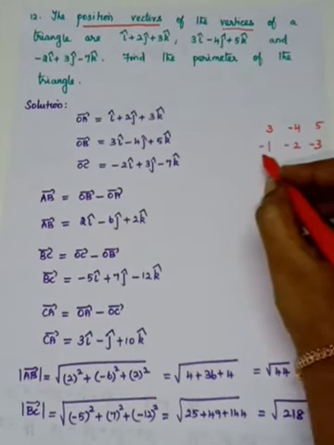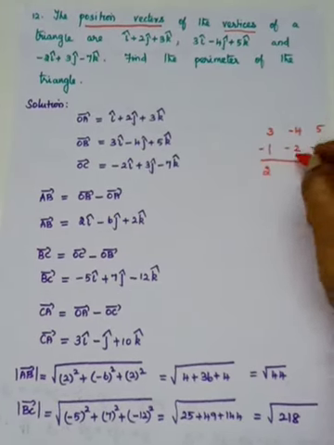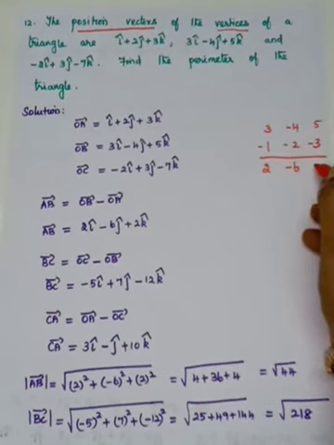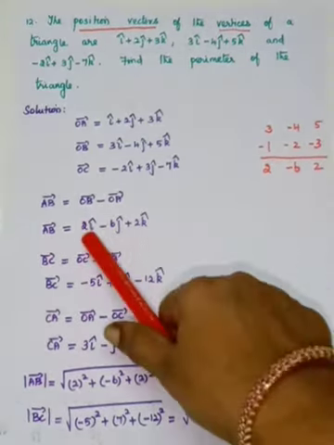Just do the calculation. 3 minus 1 is 2. Here minus 4 minus 2 is minus 6. And here 5 minus 3 is 2. I have found the coefficients, so you write as a vector 2i cap minus 6j cap plus 2k cap. If you use this shortcut, you will not make mistakes.